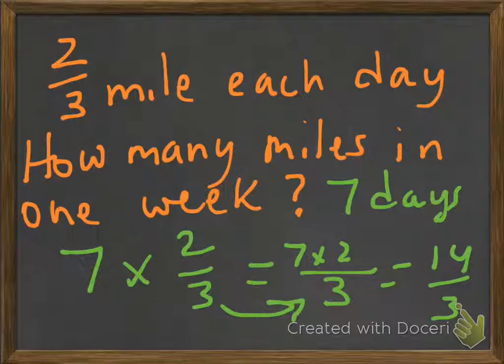And so our question is, how many times does 3 go into 14? We know it goes not quite 5 times, but it does go 4 times with 2 remaining over. We get 4 2/3. So that's how many miles this person would go. We get 4 2/3 miles.